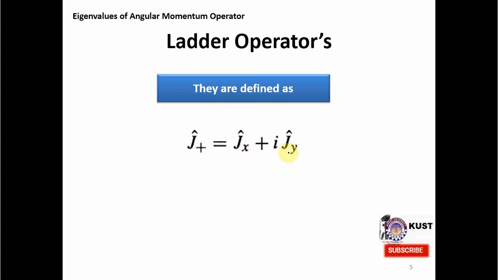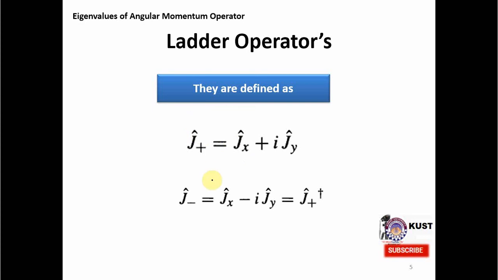The second definition is with minus Jx and minus i Jy, and let's call it J minus, which is equal to J plus dagger, because then we will see that J plus and J plus dagger are associated. So these two are the ladder operators.